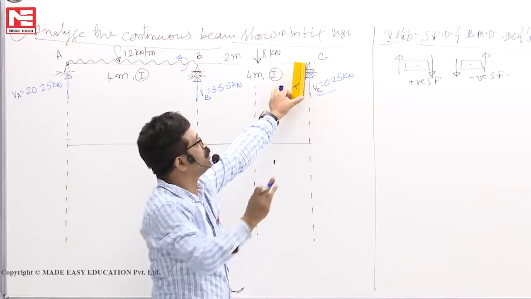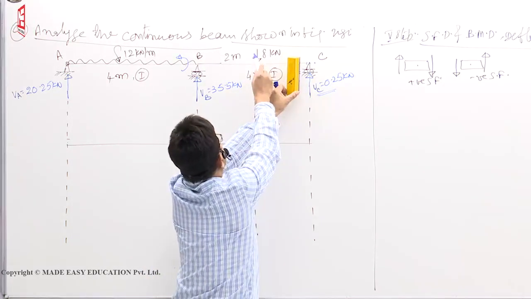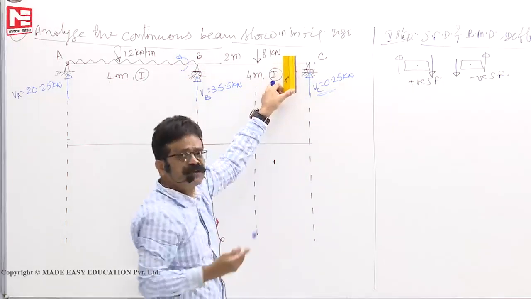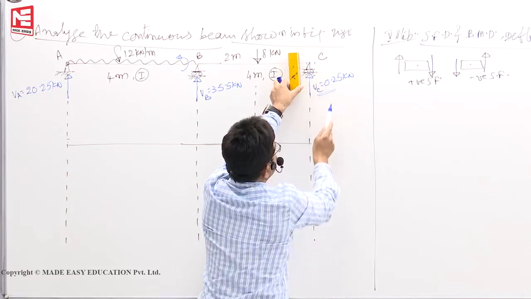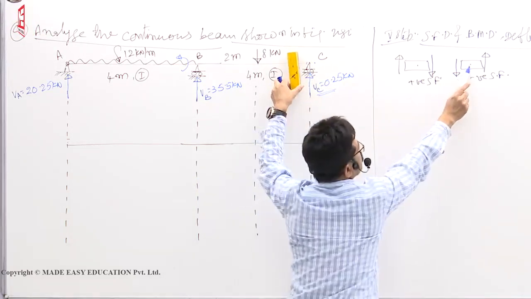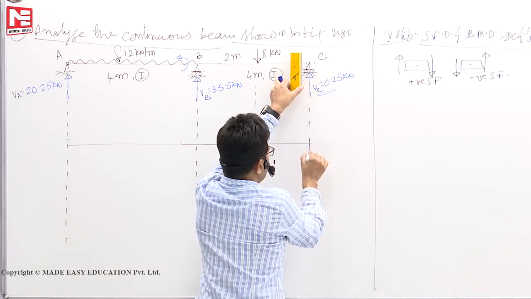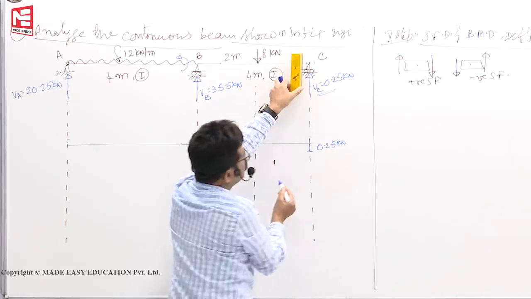Now you have the option of looking left side or right side. If I look left side, I have to deal with 1, 2, 3, 4 forces. But if I look right side, only one load. Easily I can manage. Section right side upward is negative, so minus 0.25. Put it below the reference line.